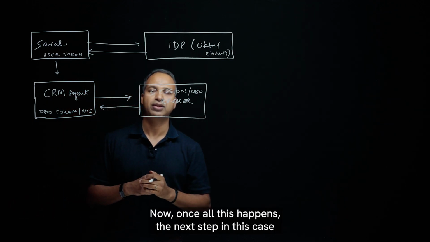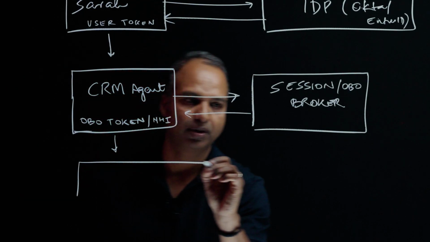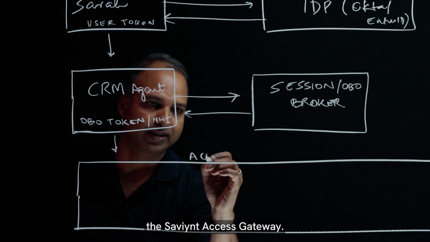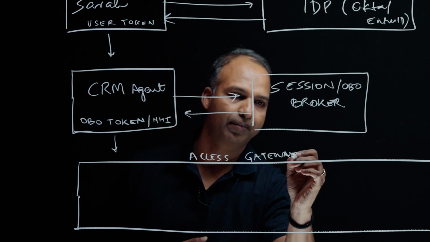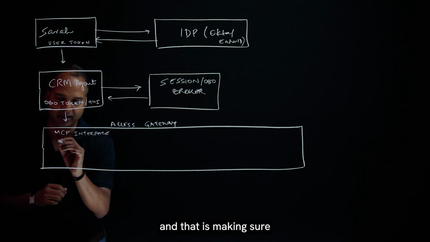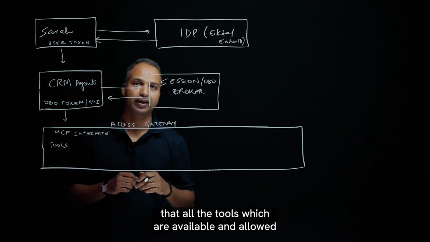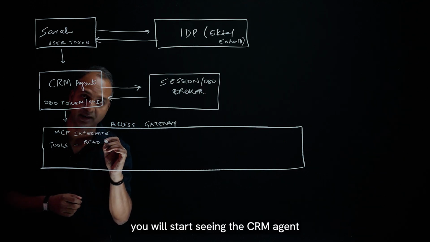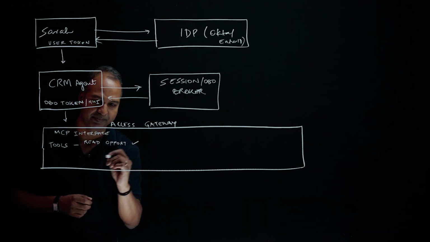Now, once all this happens, the next step is that it gets passed to Saviynt's Access Gateway. The MCP interface is doing one very specific thing, and that is making sure that all the tools which are available and allowed get exposed, which means you will start seeing the CRM agent having access to read opportunities.